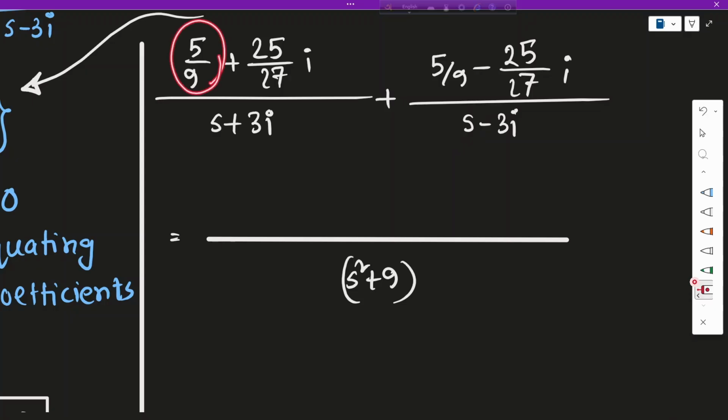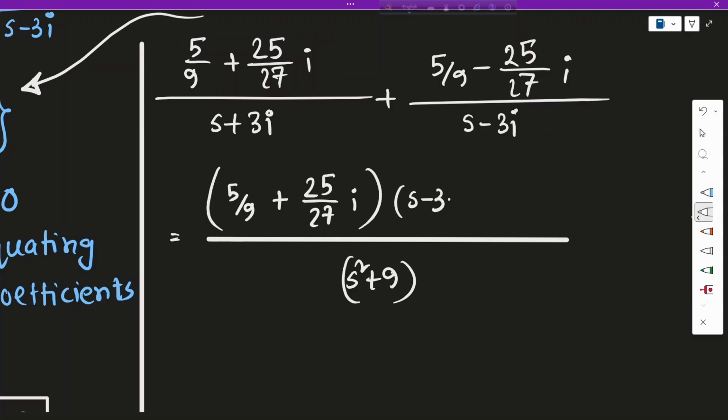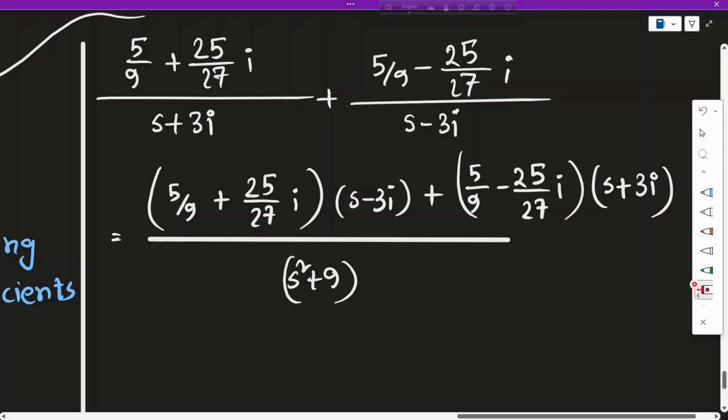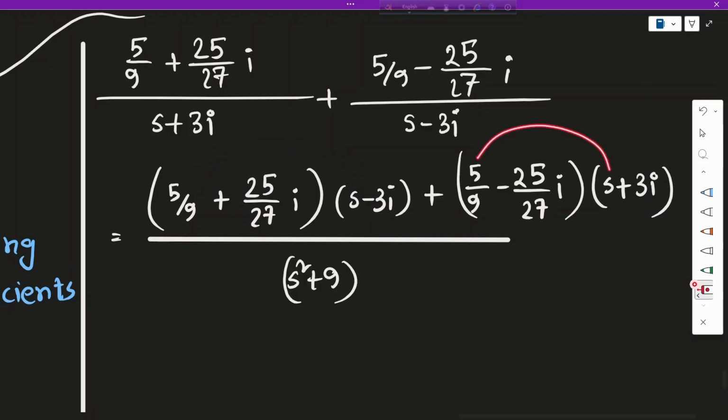This whole expression, 5 by 9 plus 25 by 27i, is going to be multiplied with s minus 3i, and the second part is going to be multiplied by that. Which expressions will get us the coefficient of s? This is going to be multiplied with s at some point, and this is also going to be multiplied with s at some point.